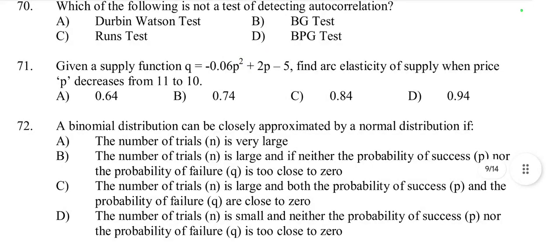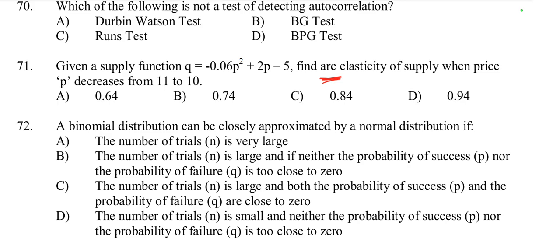Then question number 71, here given a supply function Q is equal to this, find the arc elasticity of supply when price P decreases from 11 to 10. So here we have to find the elasticity of supply by applying the formula of arc elasticity. There are different elasticity methods like percentage or point method, and arc elasticity. So here we use the arc elasticity method.